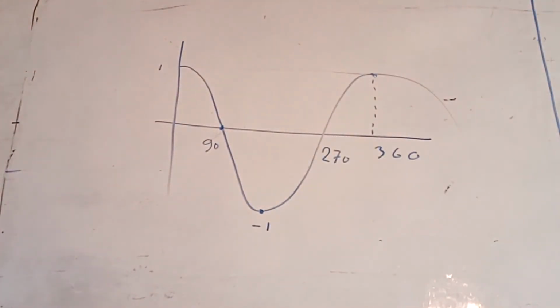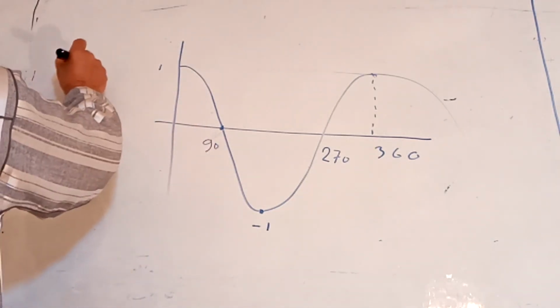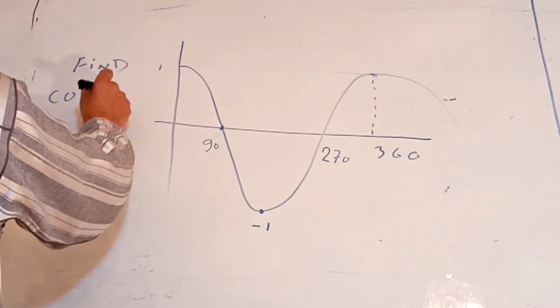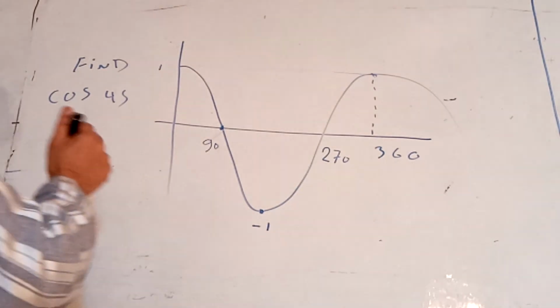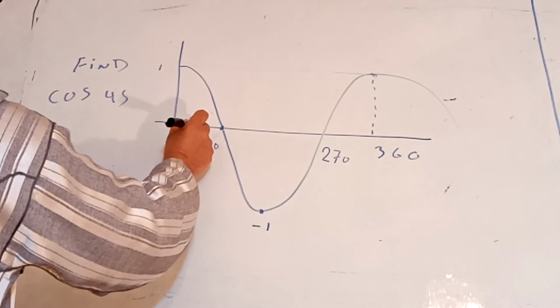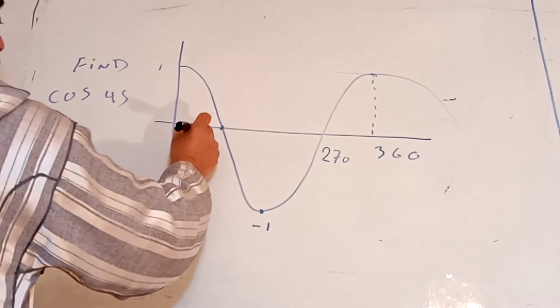Alright, let's find cosine of 45. 45 will be somewhere here, at the middle.